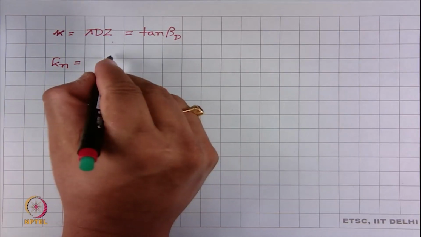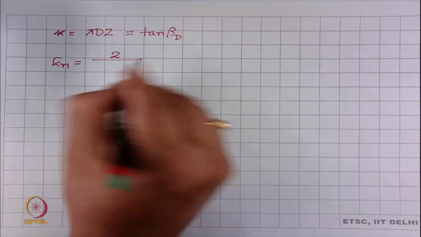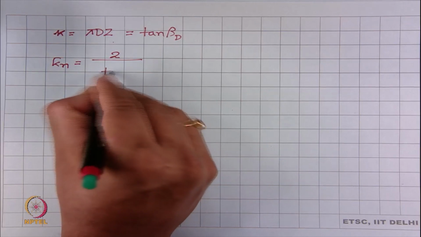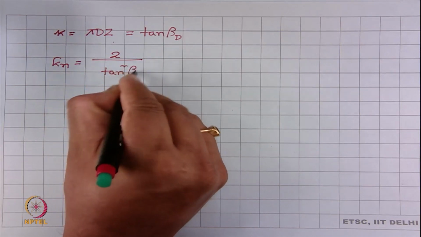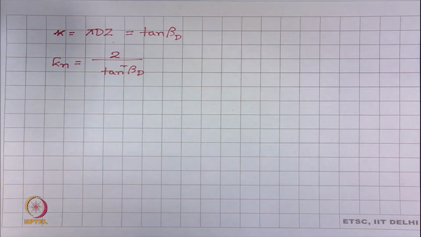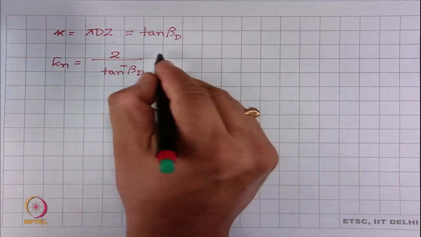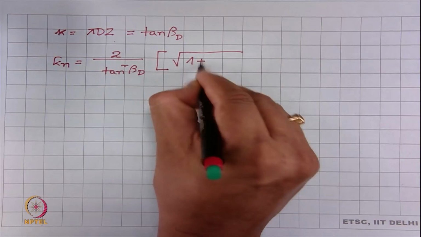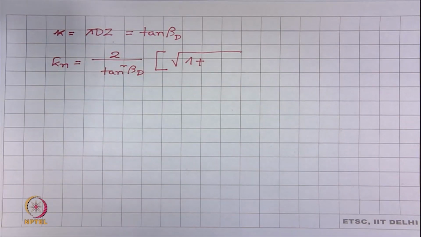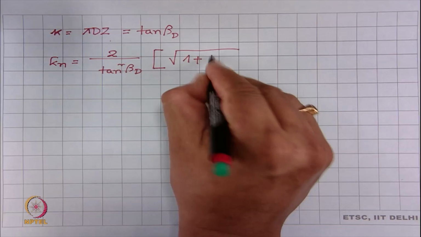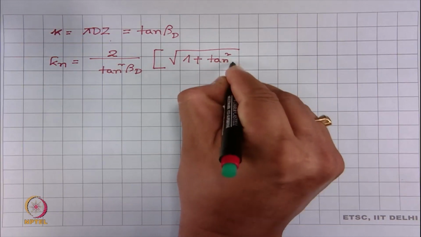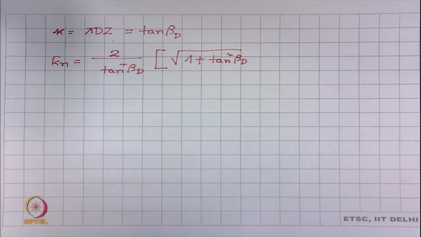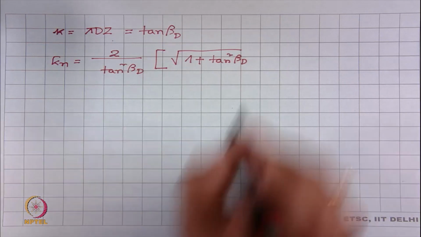K n is 2 by pi dz square, tan square beta d, within square bracket root over 1 plus pi dz square. So, pi dz square is tan square beta d, minus 1.